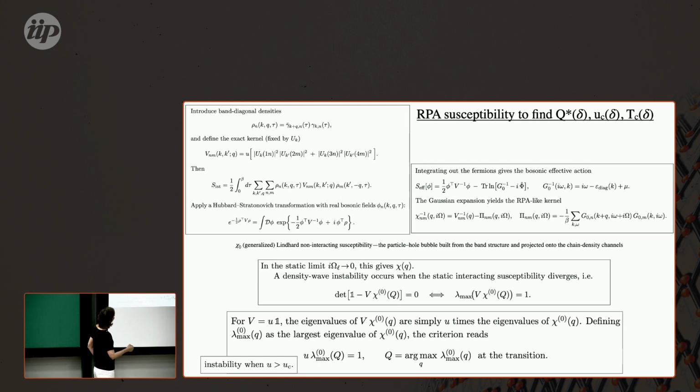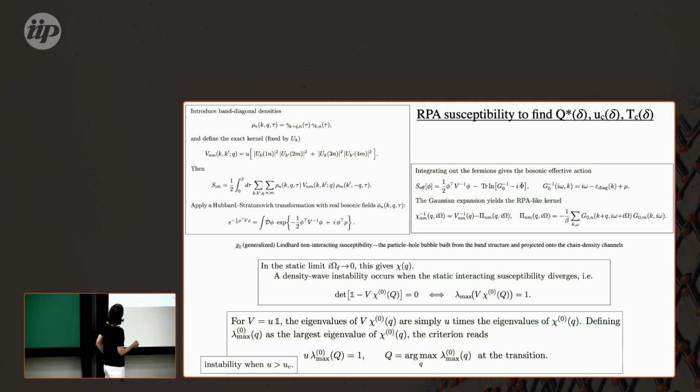and finally we get to this condition for the density wave instability, where our original susceptibility, the previous one, is multiplied by this matrix V, which contains the U, and multiplied by the form factors now. So the overlap between the wave functions is considered in this way.